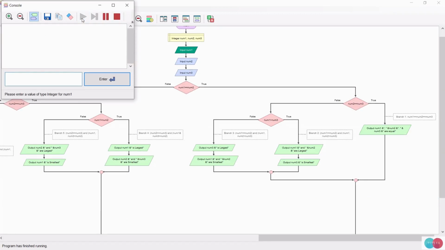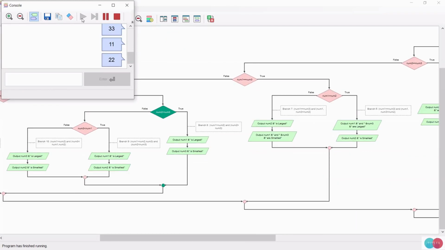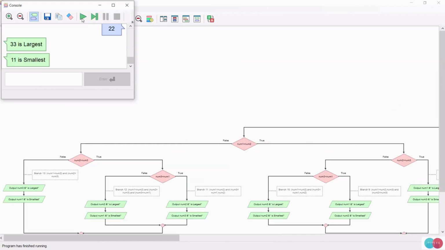First, where first number is largest and second number is smallest, that is 33, 11 and 22. First is largest and second is smallest.